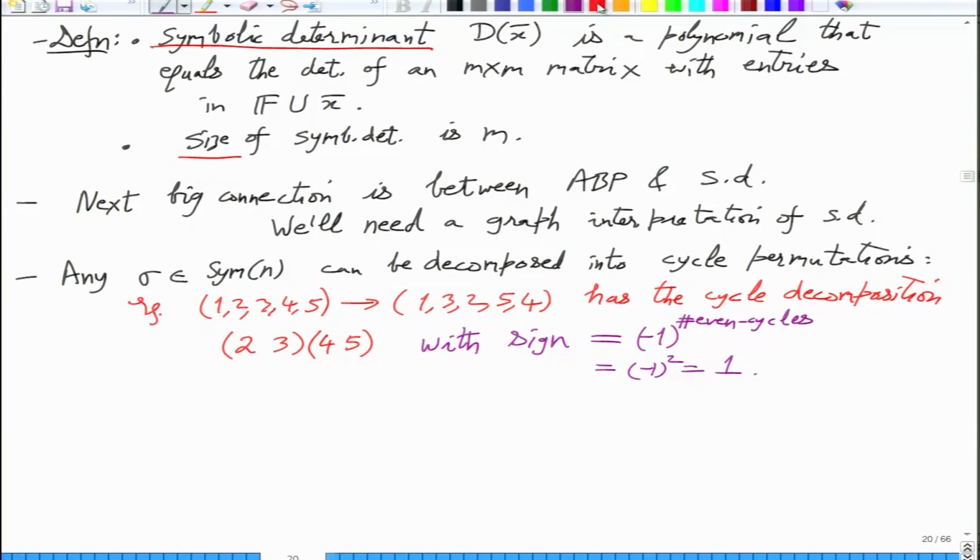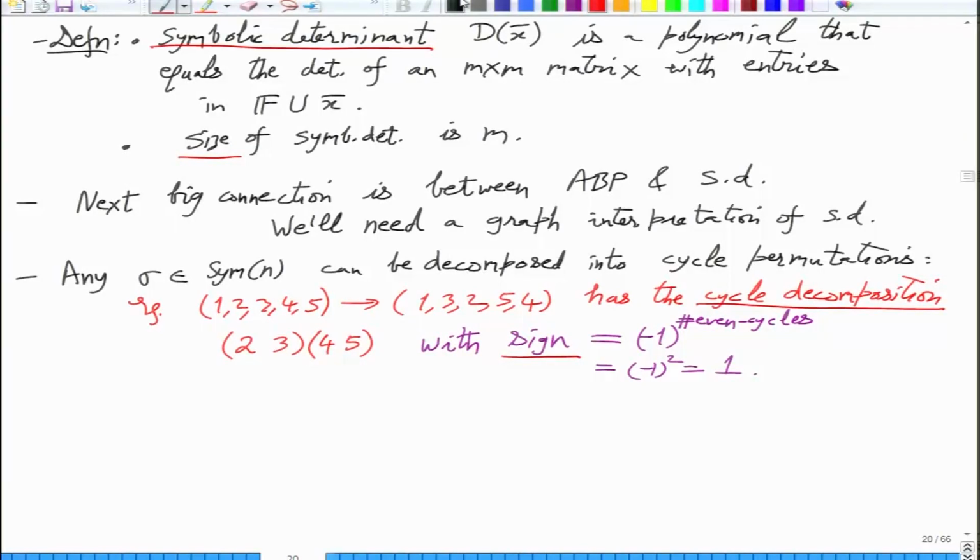Okay, so we have defined 2 things: cycle decomposition and the sign of a permutation. To compute the sign of a permutation, you compute the cycle decomposition. Now convince yourself that it is unique. There is only one cycle decomposition, mainly because of the disjoint nature of this. 2, 3, and 4, 5 are disjoint, right?